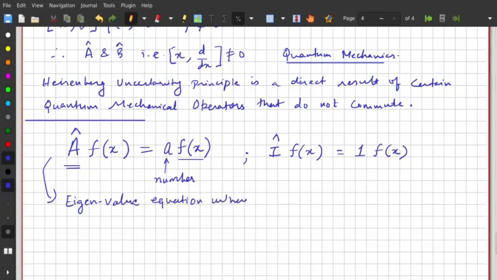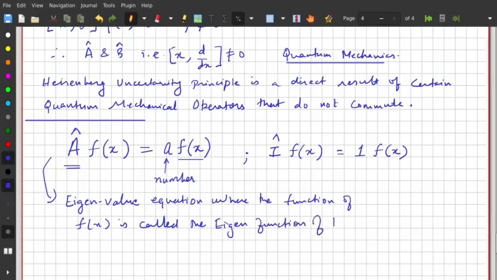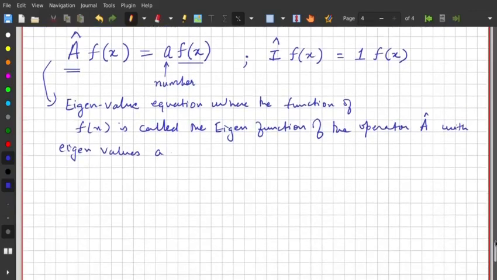Where the function f of x is called the eigenfunction of the operator a hat with eigenvalue a. Okay, so what we are dealing with is an eigenvalue problem here.